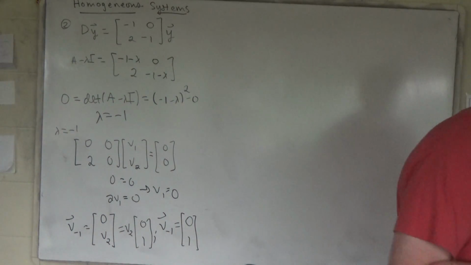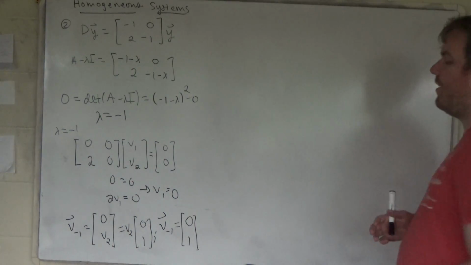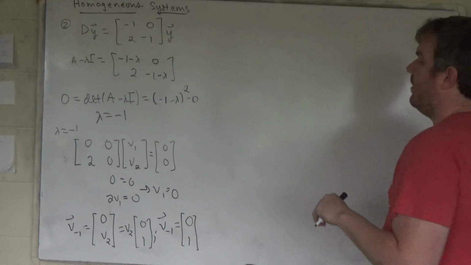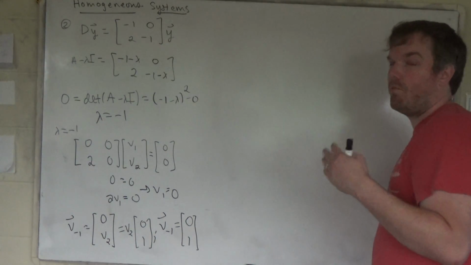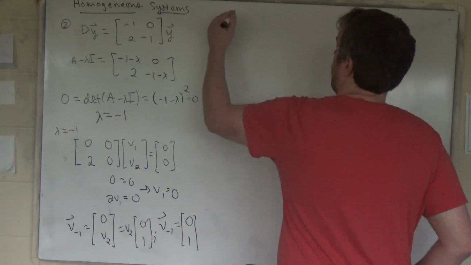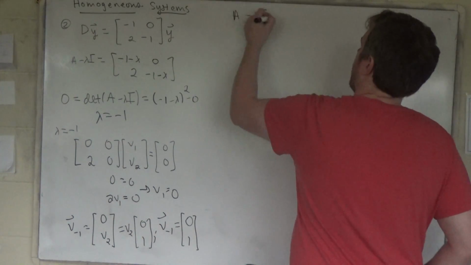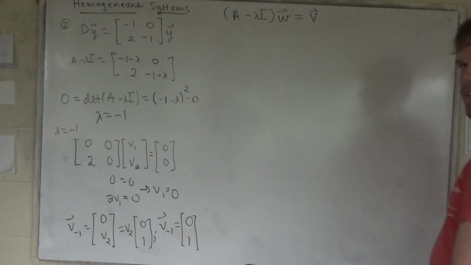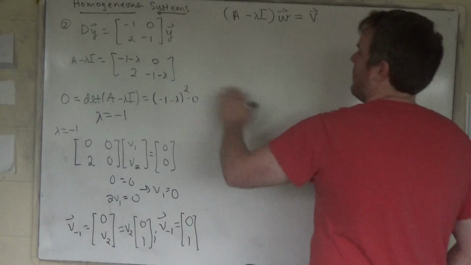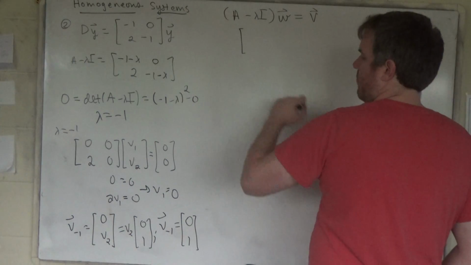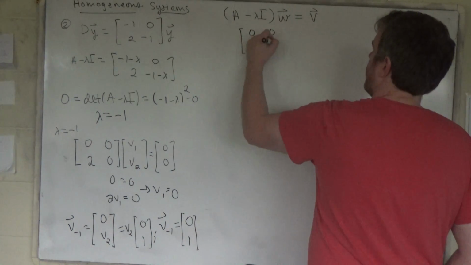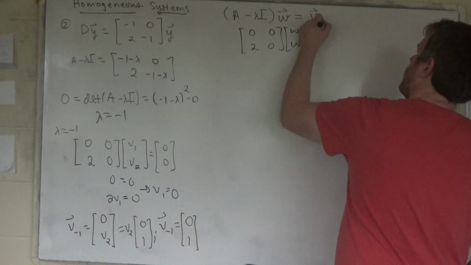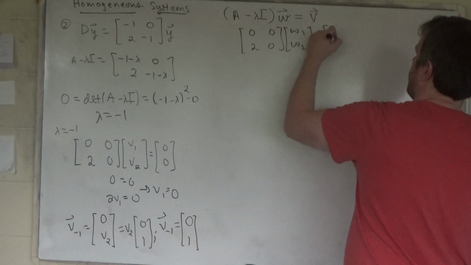Now, with the repeated root case, if we didn't get 2 different eigenvectors, then we have to solve an auxiliary equation, but it's not like the previous auxiliary equations. We need to solve A minus lambda I applied to some vector W equals V. In this case, A minus lambda I is 0, 0, 2, 0. The vector components of W, I'm going to call W1 and W2. And V is the eigenvector here, so 0, 1.